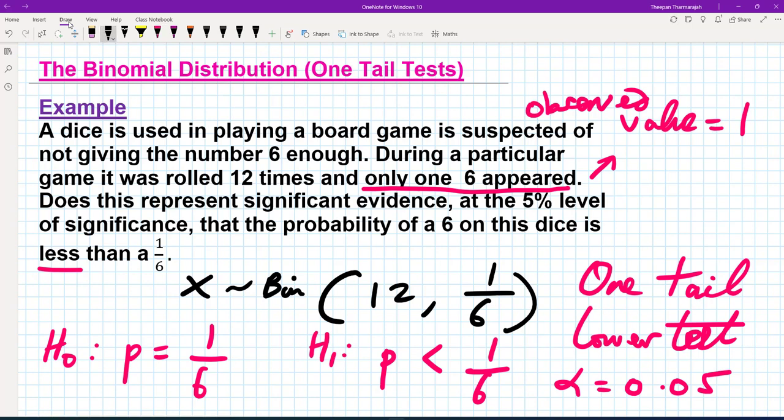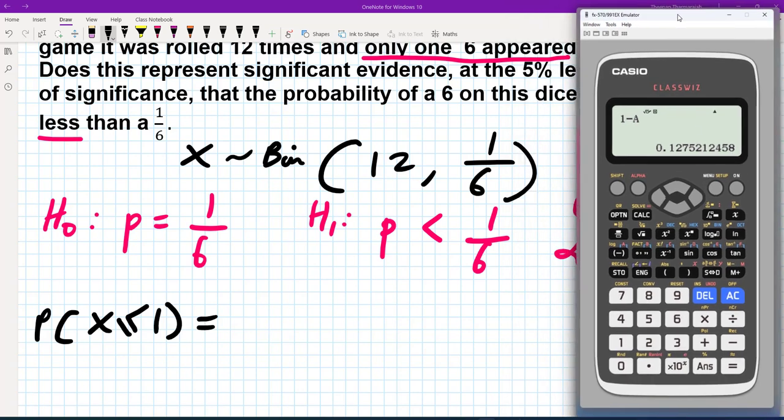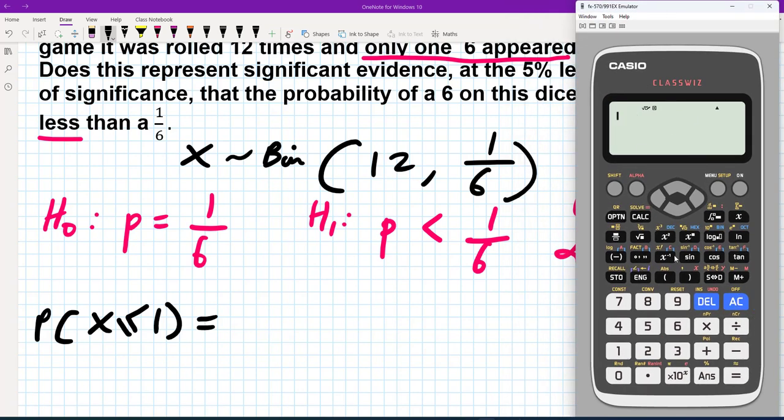So now what we can do is say that the probability that X is less than or equal to the observed value, in our case 1, and we can type this onto our calculator. Menu, option 7, go down to binomial CD, variable. So you want less than or equal to 1, n is 12, and p is 1 divided by 6.